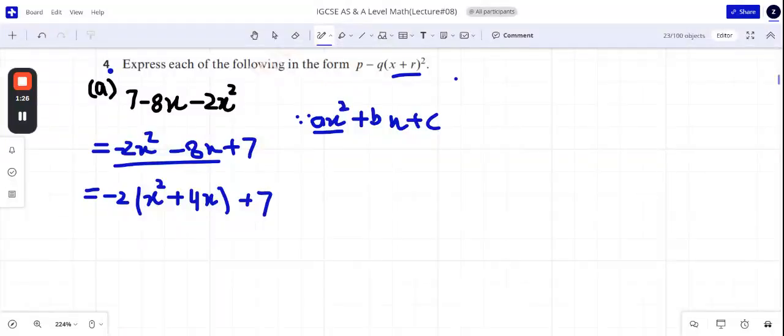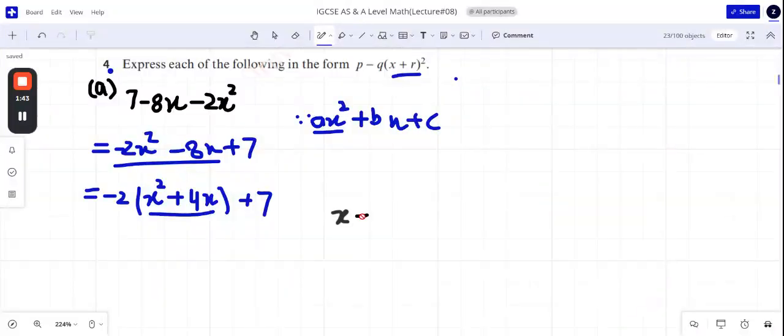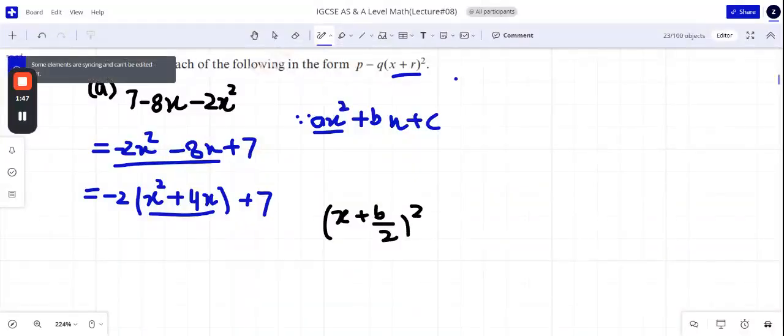The next term, to make a completing square, we need to apply the completing square method inside the parenthesis. Only we will apply it in the parenthesis. So what is the completing square formula? It's x plus b by 2 whole square, then minus b by 2 whole square.